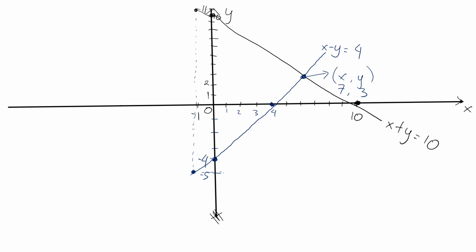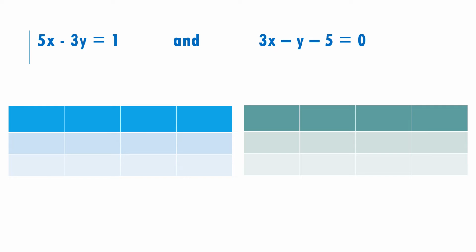It's easy, right? Okay, let's see the other example. For answering this question, you need to write 5x minus 3y equals 1, to find the simultaneous equations between 5x minus 3y equals 1 and 3x minus y minus 5 equals 0.